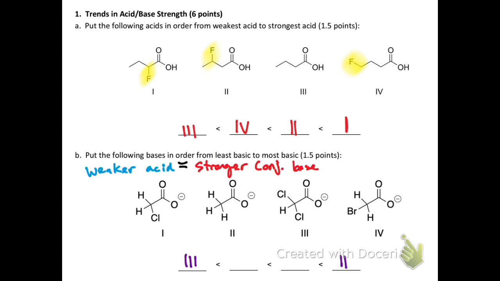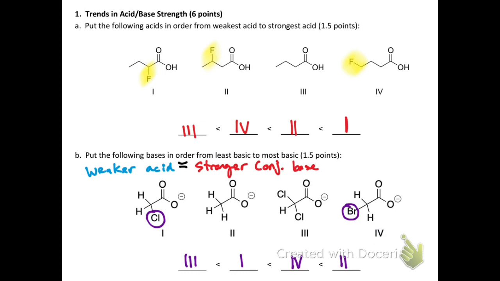So since we're doing a reverse ranking order here, the next one is going to be 1, the one that only has 1 chlorine, because this would be a weaker base than 4, because 4 has the 1 bromine here.